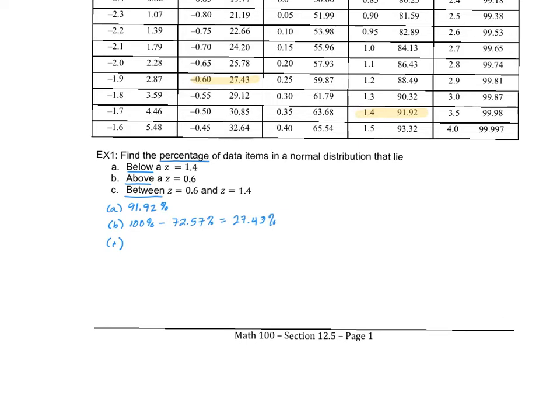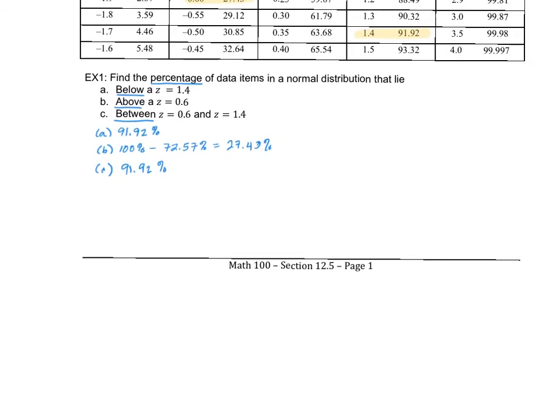You take the exact percentile that's given to you in the table. So if we looked at the percentile that goes with 1.4, that was a 91.92%, below. We're going to subtract the exact percentile that goes with the 0.6, and that was the 72.57.